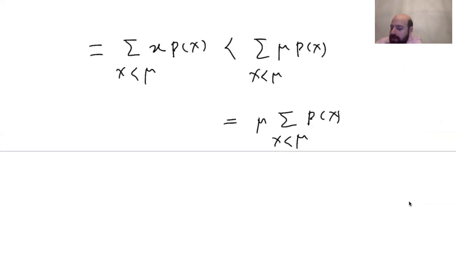Now I can say that this one is less than or equal to mu times the sum of p of x over all x. The sum of p of x over all x is bigger than or equal to the sum of p of x where x is less than mu, because every probability is non-negative.